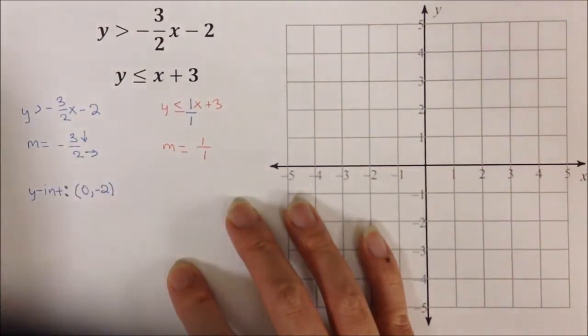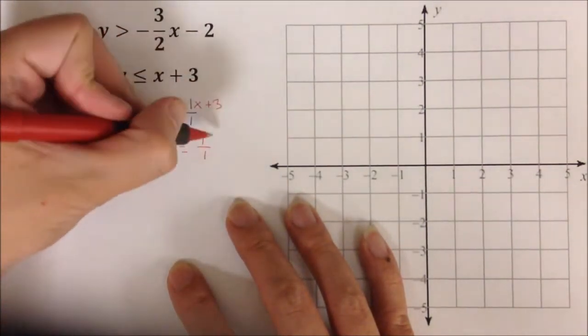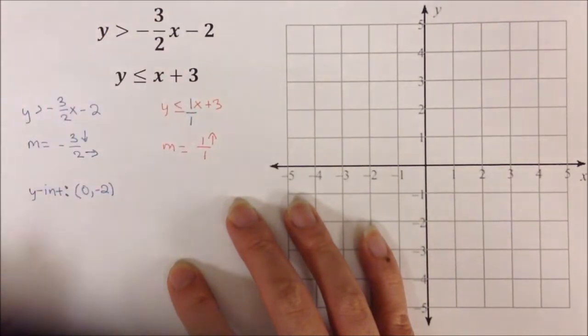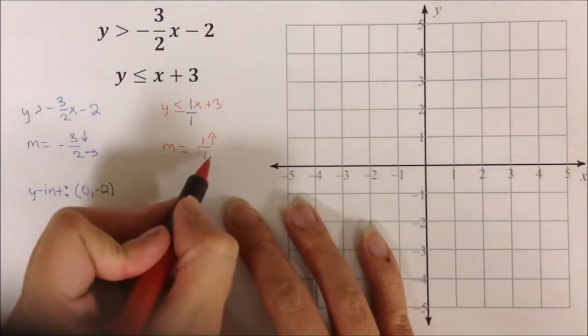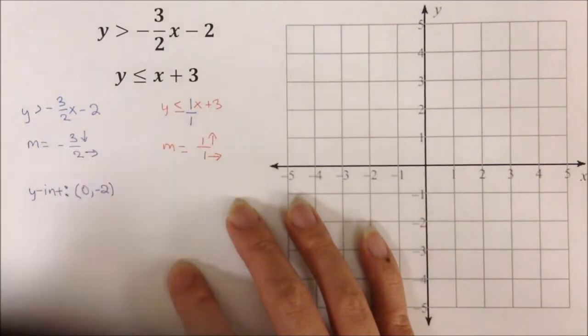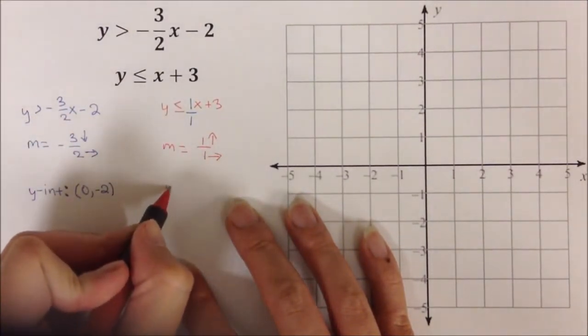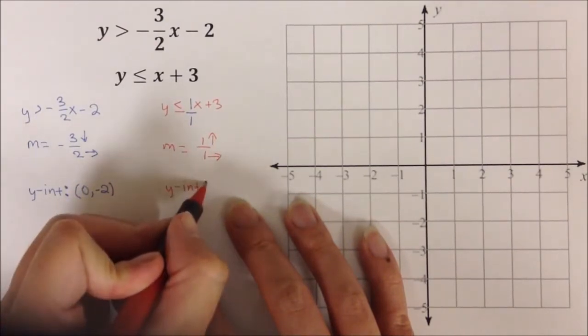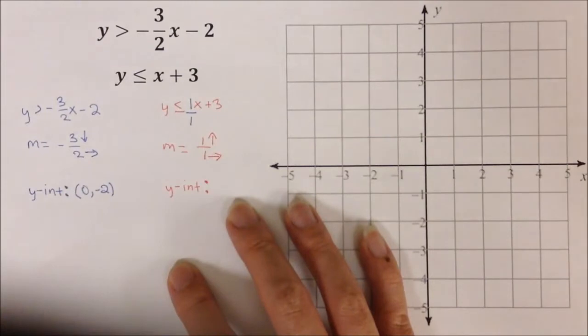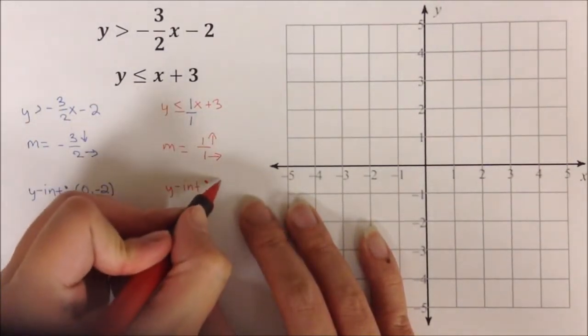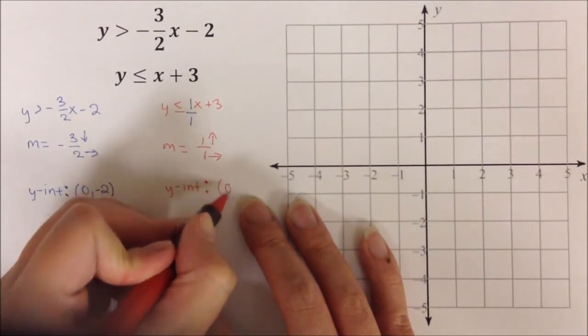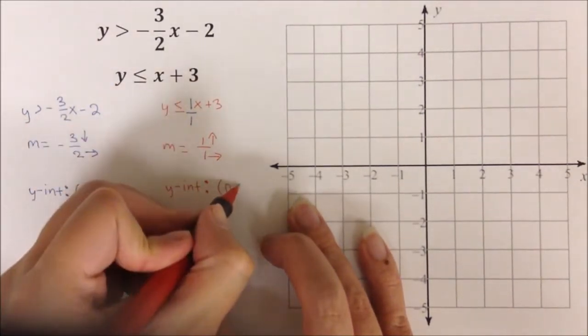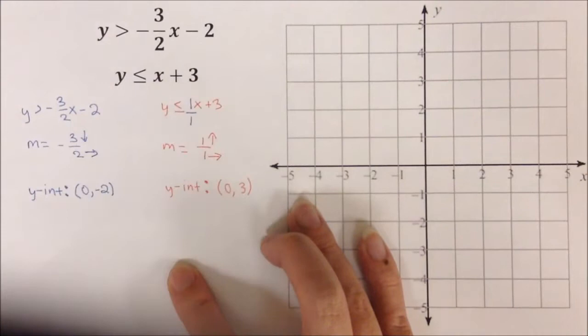Since it's positive, my numerator tells me to go up 1 unit, and my denominator tells me to go to the right 1 unit. Next, the y-intercept is plus 3, so its coordinate is (0, 3).